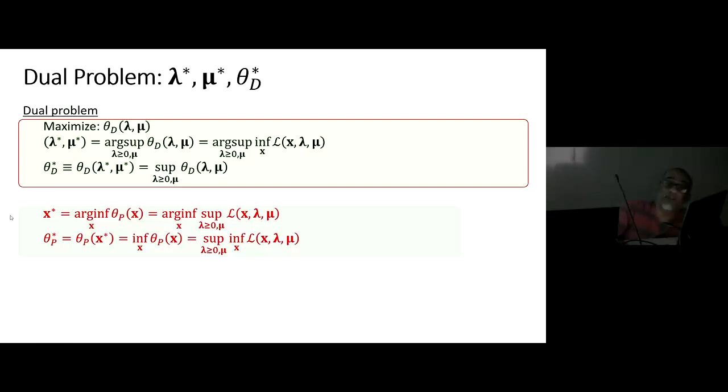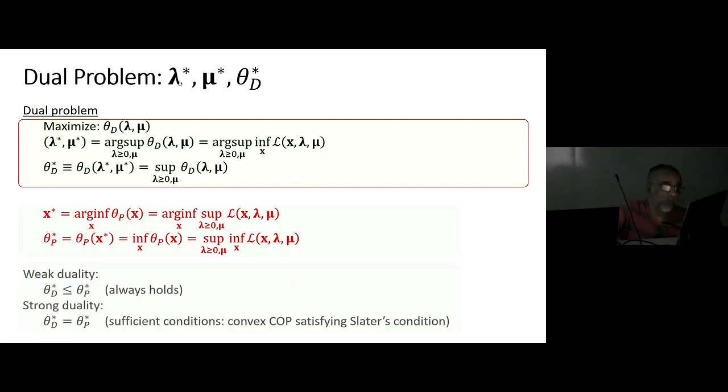Now what's the relationship between the two? We will shortly see that this inequality always holds. This is theta_d(lambda, mu), and theta_d star is the maximum of theta_d(lambda, mu). And theta_p star is the minimum of theta_p(x). So theta_d star is always less than or equal to theta_p star.